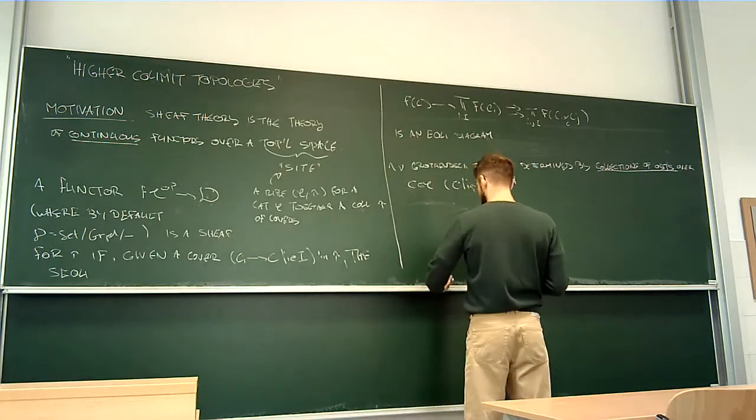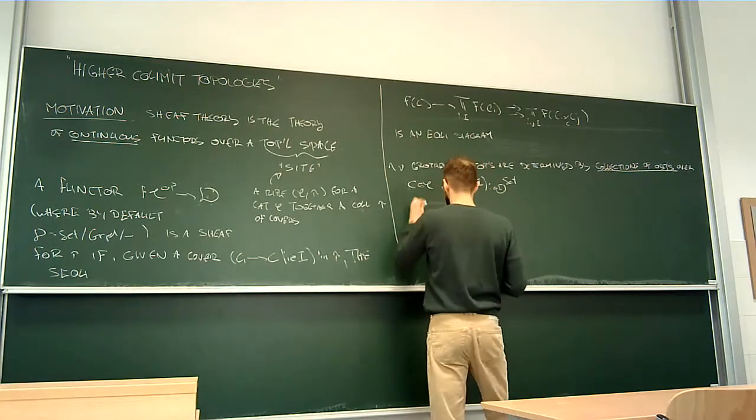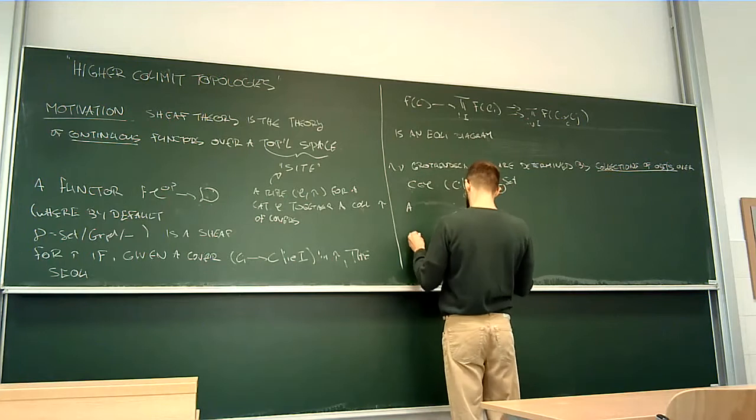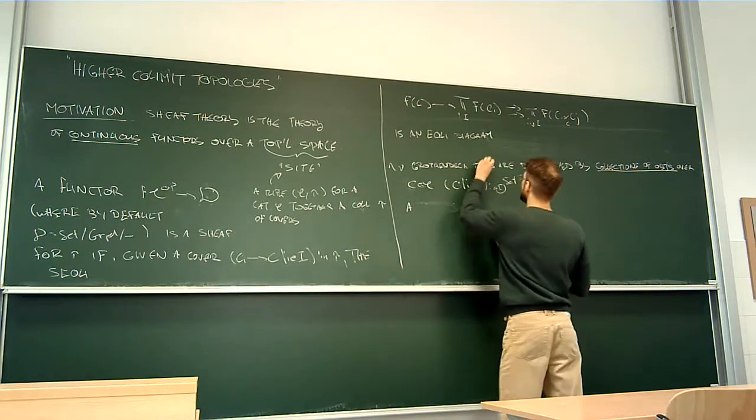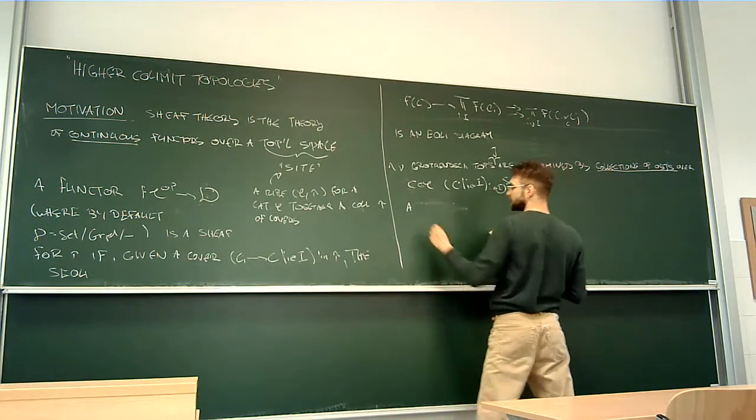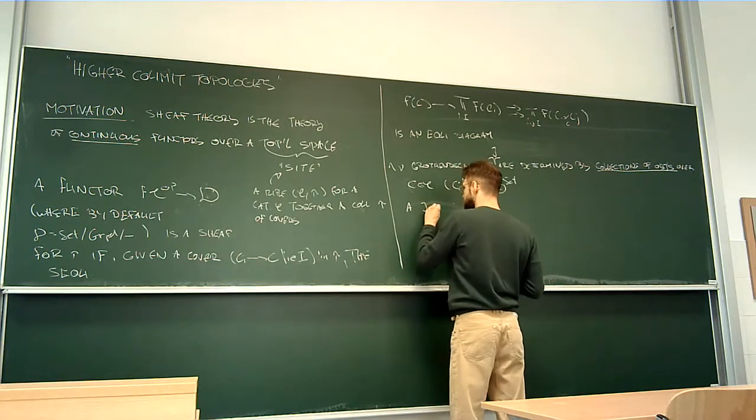So Grothendieck topology, if you remember from classical topos theory, let's call it J. Then a J-sieve, right?